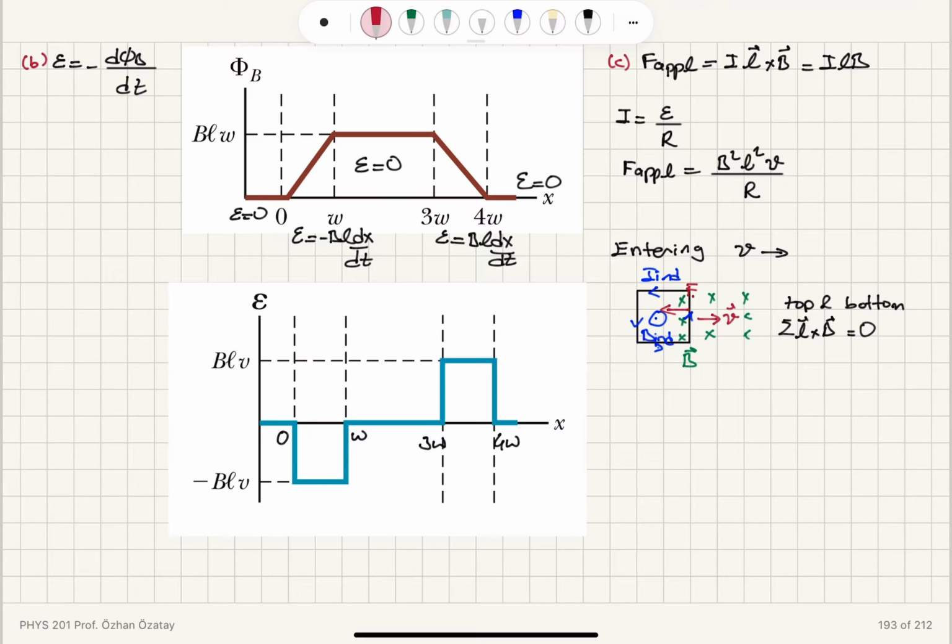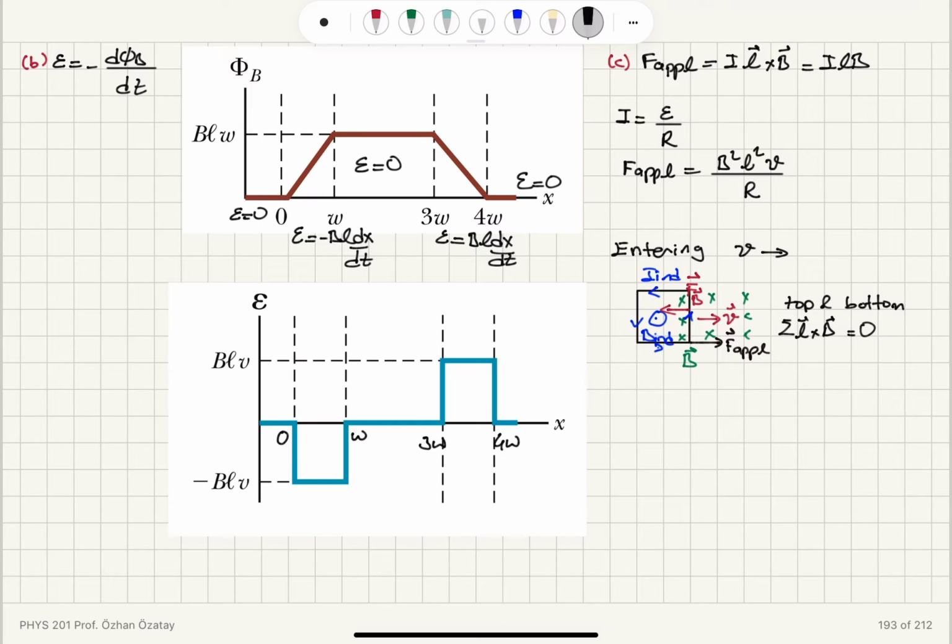This is the force that will be felt by the wire. As the magnetic flux into the loop is increasing, I L cross B points to the left. That is the force due to this magnetic field. Therefore, the applied force should be pointing to the right.